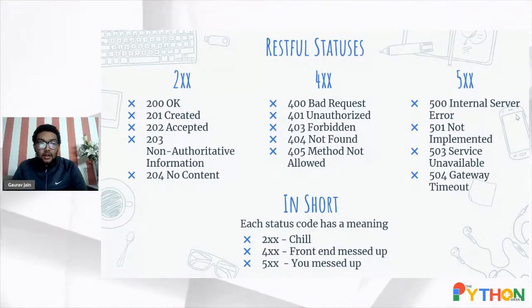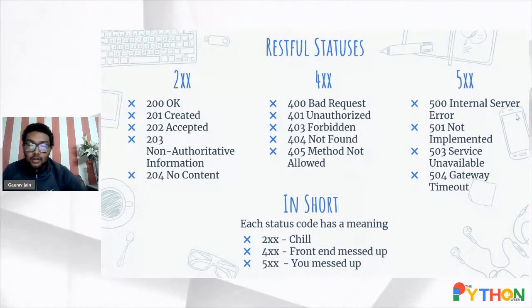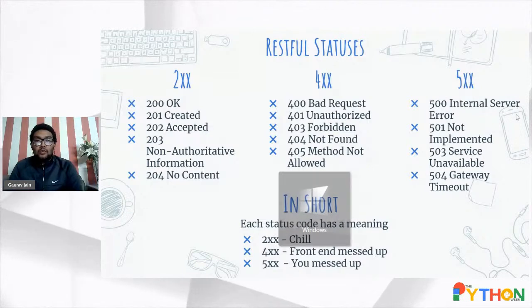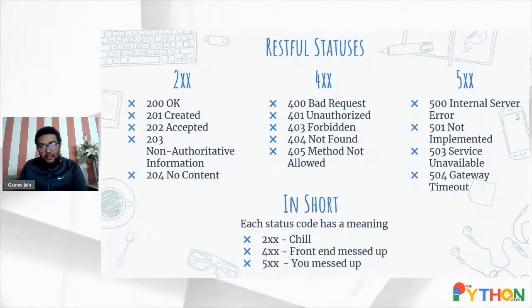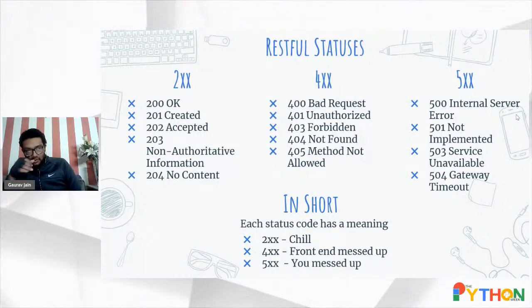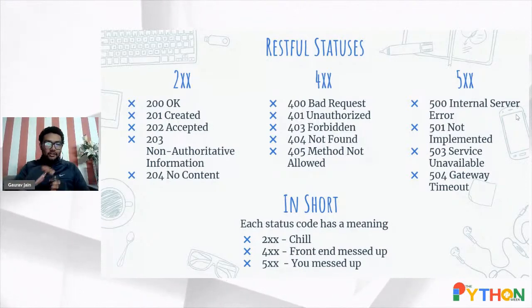I have worked in professional projects in which the backend lead would not be able to do these responses properly, and I left that organization really fast. But that kind of thing happens, so you should be fine with this. If you don't want to remember so many codes, you can just have a general shorthand of these.